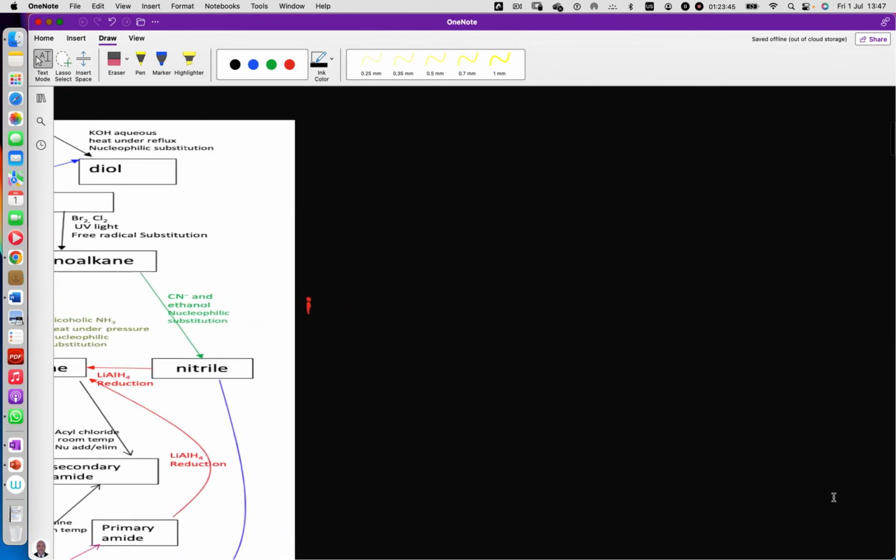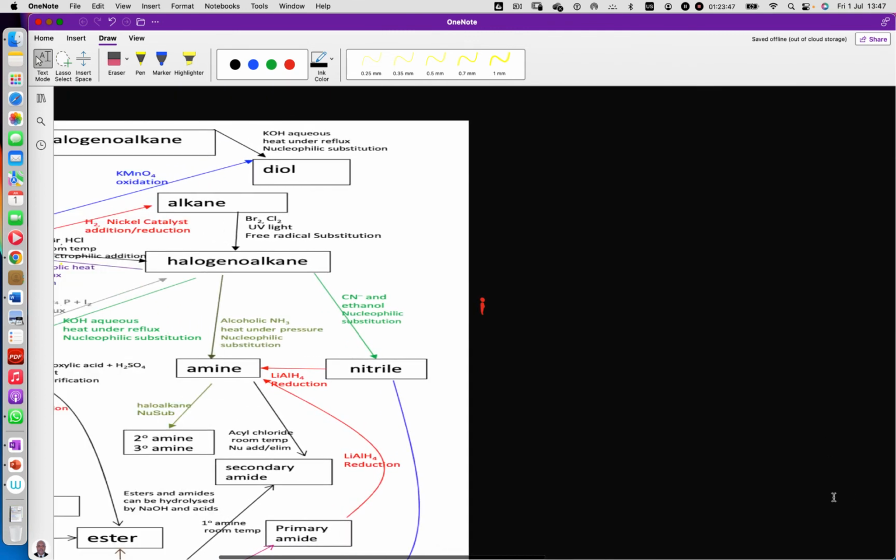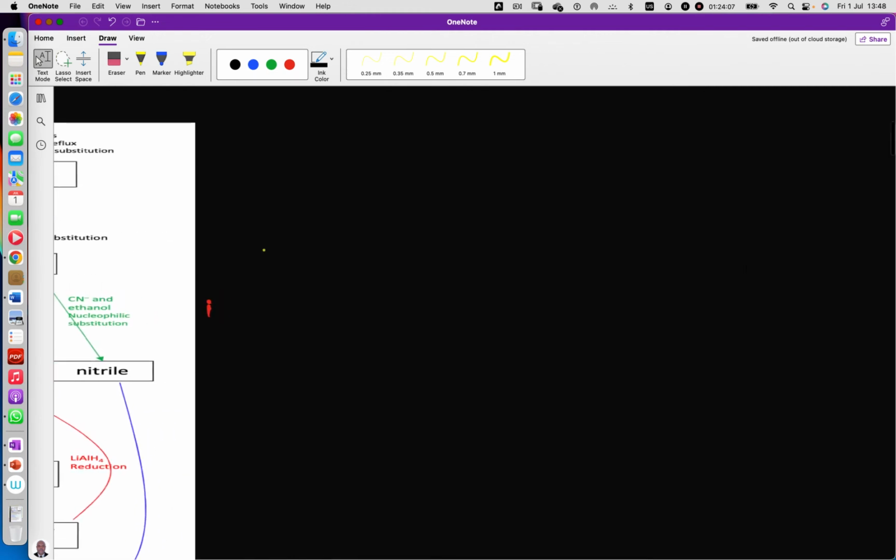The first substitution of alkane: alkane can react with this to form halogenoalkane. They will also react in a free radical substitution. There are two types of substitution that alkane undergoes: halogenation of alkane and free radical substitution. Now, the first one is halogenation of alkane. I want to take an example of the alkane.